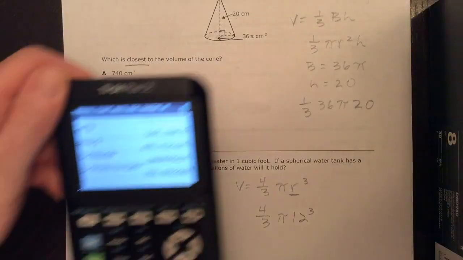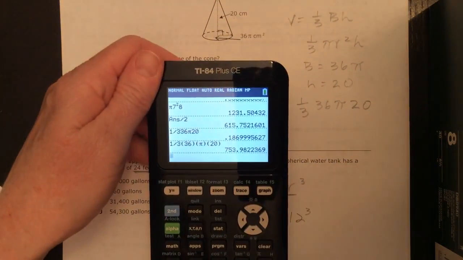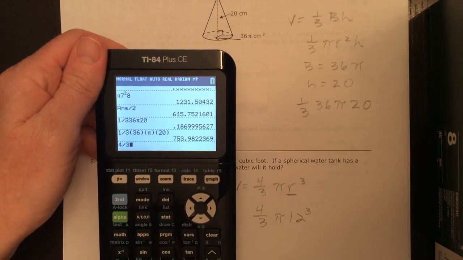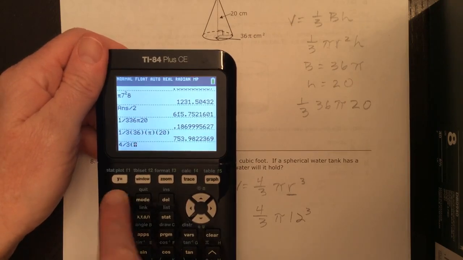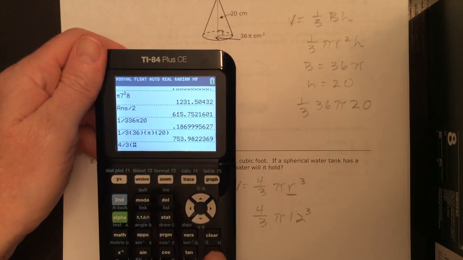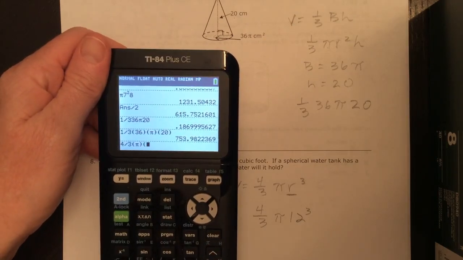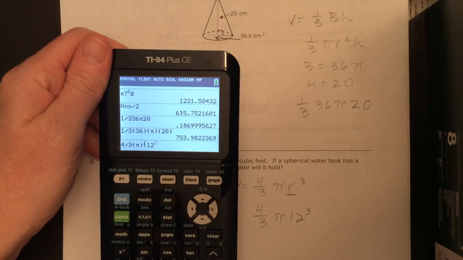Okay, let's put that in our calculator and see what we get. 4 divided by 3 times pi times 12 cubed.